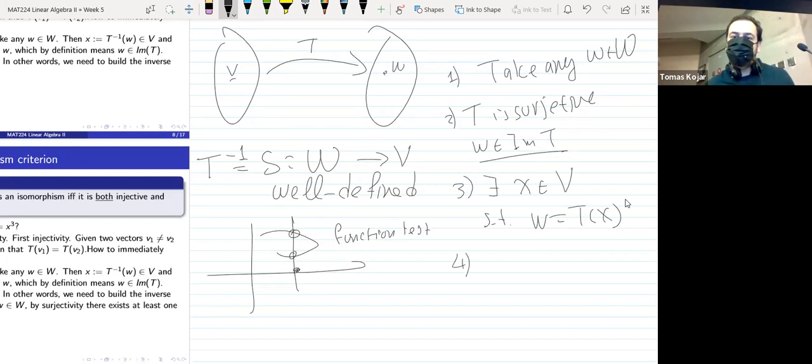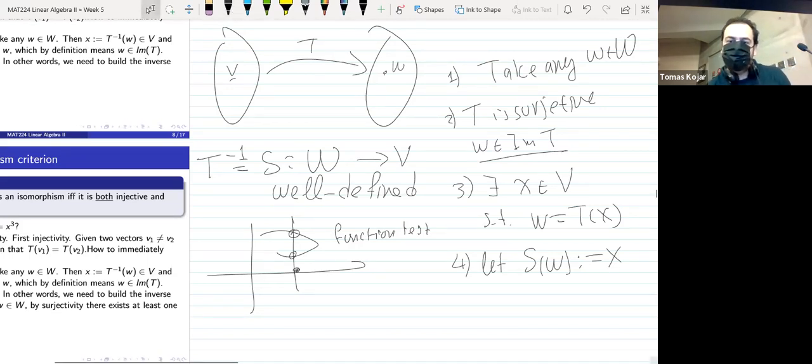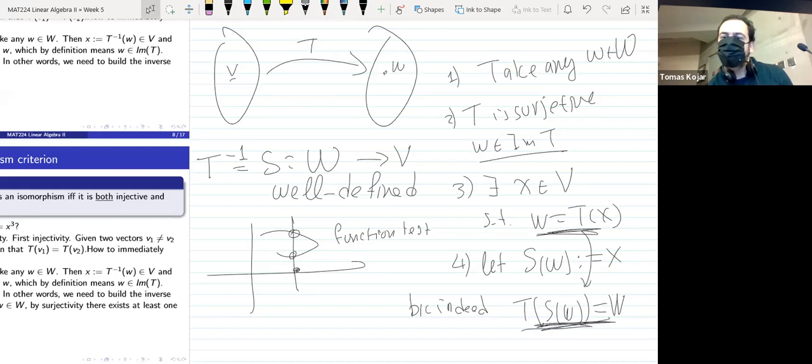So let SW, or T inverse W, be defined as X. Because then, if you plug in, you have the T of SW is W. So it acts as the inverse.